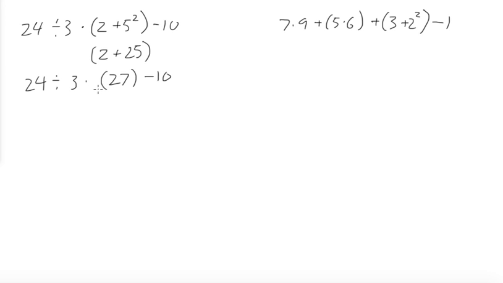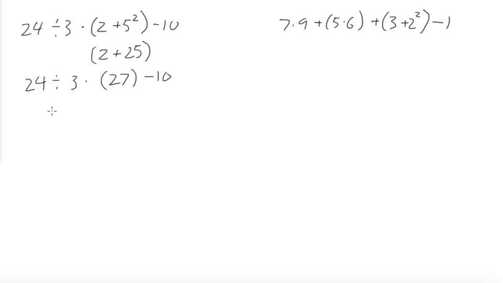Well, that's not what they want you to do. You need to do the division first. You need to work from left to right. When you can, you work left to right. If there's things that interfere, like these parentheses, we do those first. But then, if you can revert to left to right, you do it.